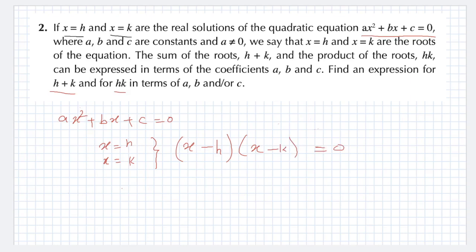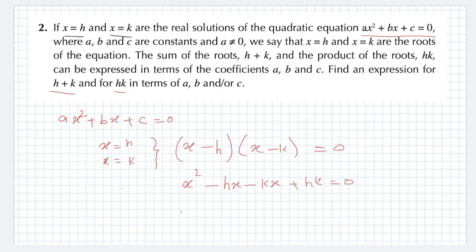If we multiply it, I mean, we are doing the reversing. Instead of factorization, from factorization we are going to write the standard form of the equation. So x square minus hx minus kx plus hk is equal to 0.